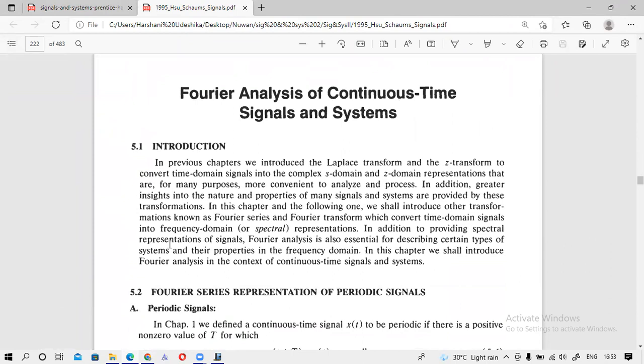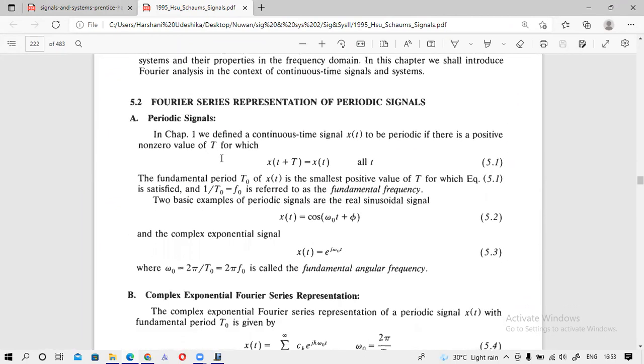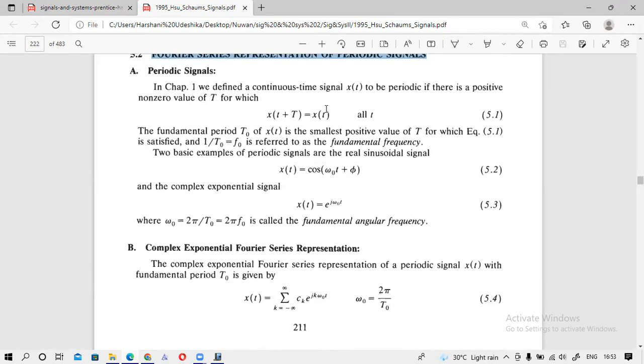Here we convert the time domain signal into a frequency domain representation. This is the idea of Fourier analysis, and this is what we are doing now: Fourier series representation of periodic signals.